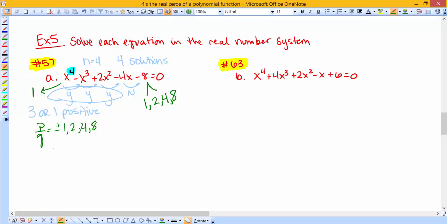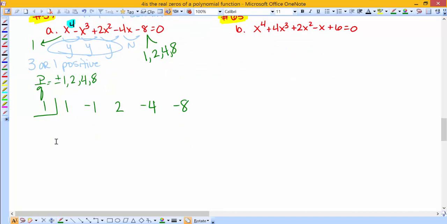So now I'm going to go into the synthetic division, and I'm going to start with 1. Check for placeholders. 4, 3, 2, 1, none. So that's good. 1, negative 1, 2, negative 4, negative 8. And remember, we go through this until we have a remainder of 0.